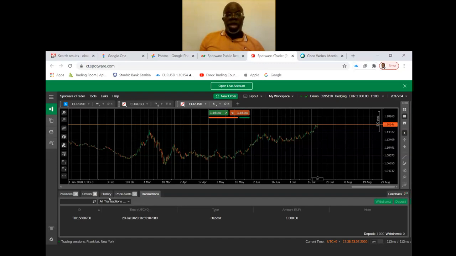So far I've found cTrader to be the most user-friendly, and you can find it through many brokers. For example, IC Markets provides cTrader, and RoboForex also provides the cTrader platform.